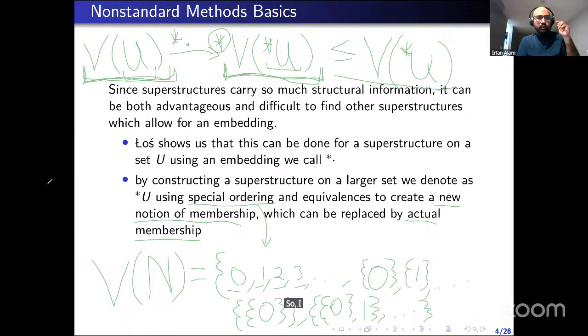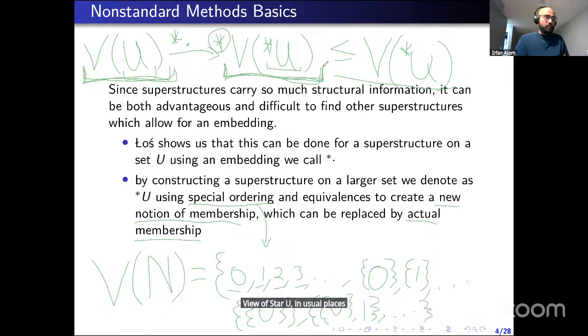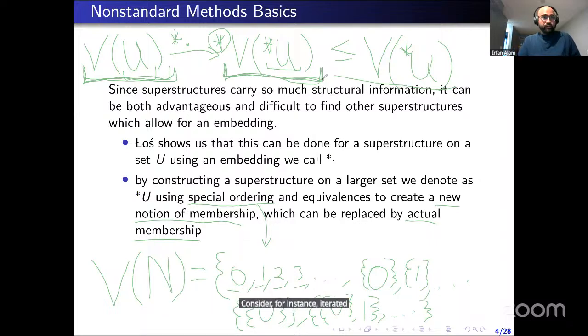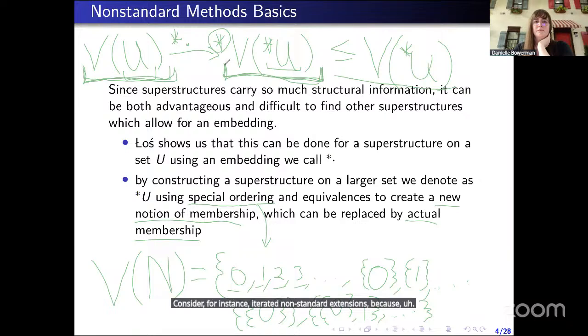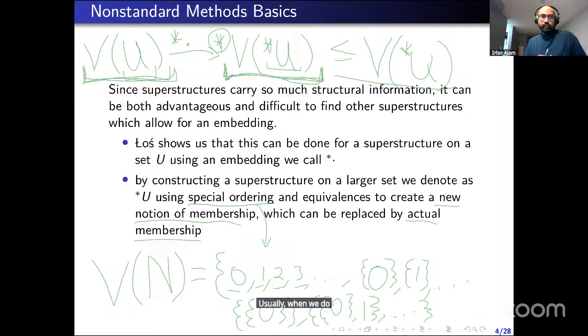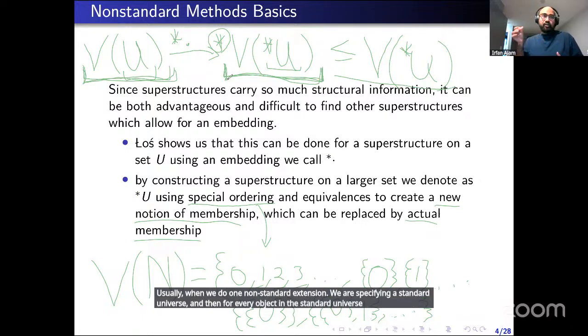I have a quick comment to continue on the previous question. Usually I have only seen V of star U in places where non-standard analysis is described, but I can see star V of star U also being a thing if you consider, for instance, iterated non-standard extensions. Usually when we do one non-standard extension, we are specifying a standard universe, and then for every object in the standard universe there is a star of that object.